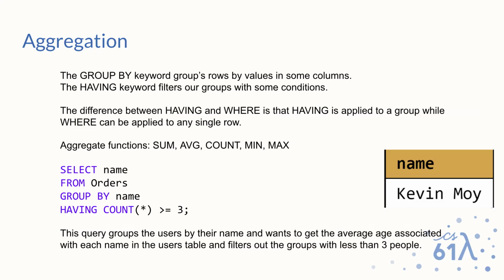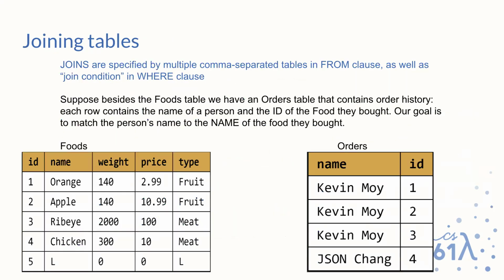So I'm going to go back here. If I have the orders table, it goes through every unique possible value in name. So it's Kevin Moy and there's Jason Chang, right? And it gives each unique element a separate table. So it separates Kevin Moy into one group and Jason Chang into another group. And if you have any other unique values, it'll separate them into their own groups.